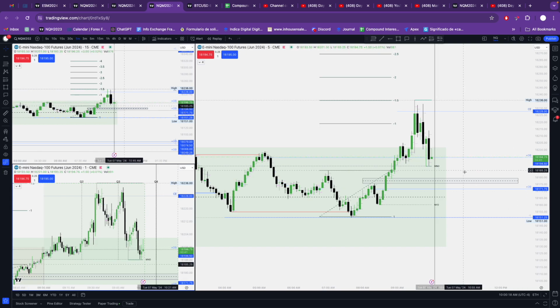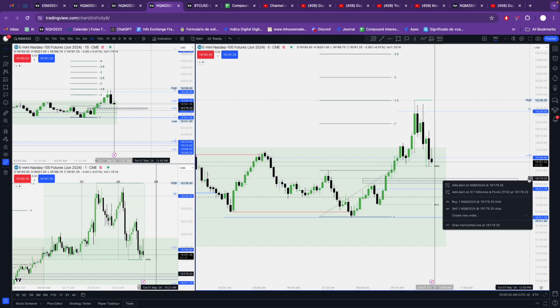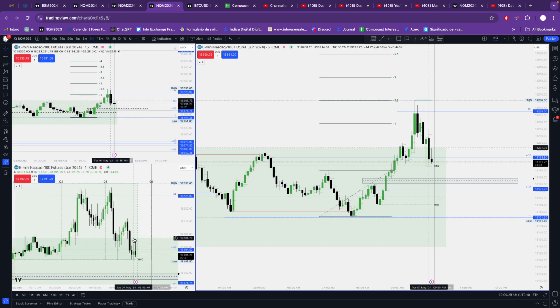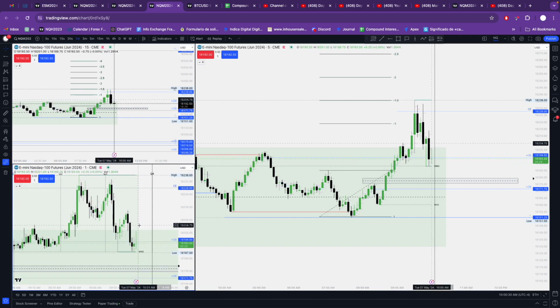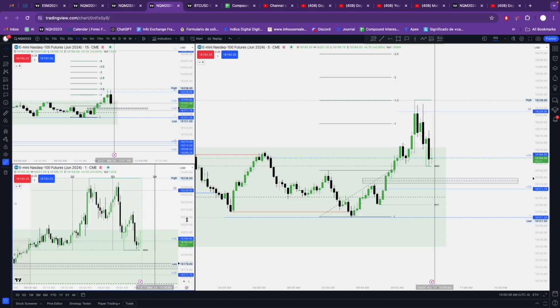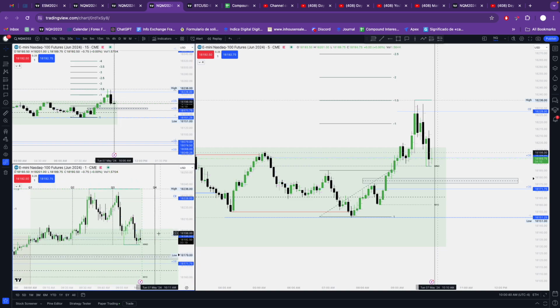So if you were to put an alert, where would you put your alert for these lows on here? I want to put alert here. And then we have a quarterly shift coming up. And according to where I was playing quarterly shifts, we want to look for LTE, which is down here. We want to look for AMD.